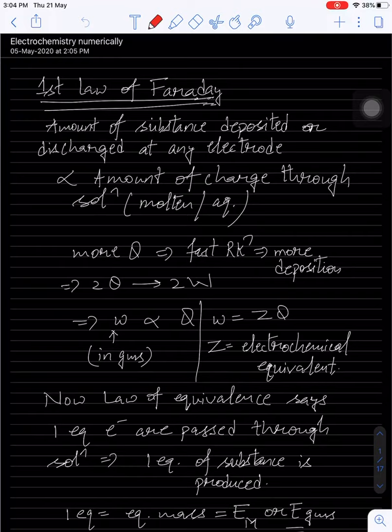Many students, during the practice session of the numericals, feel like the question is lengthy and we cannot balance the reaction. What if we really cannot balance the reaction? What if we really cannot find the n factor while calculating the number of electrons, or the charge, or the weight which is liberated or dissolved?